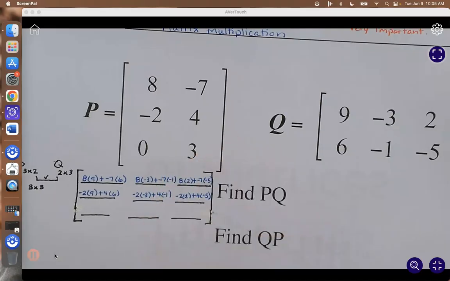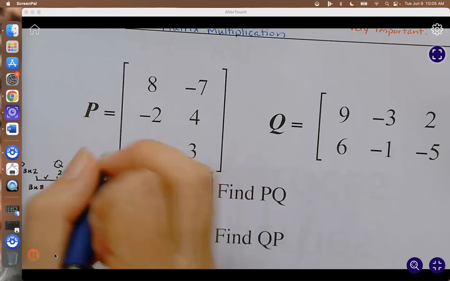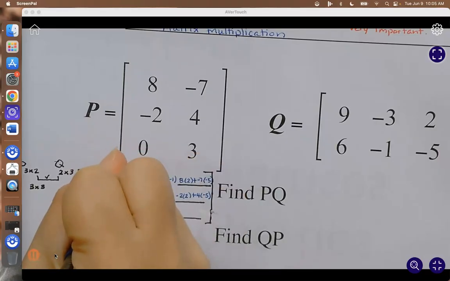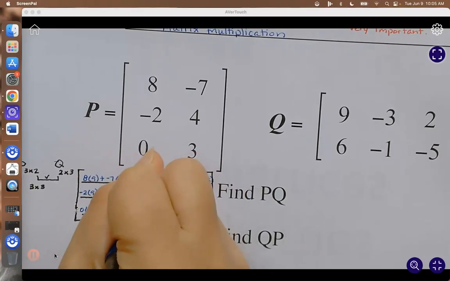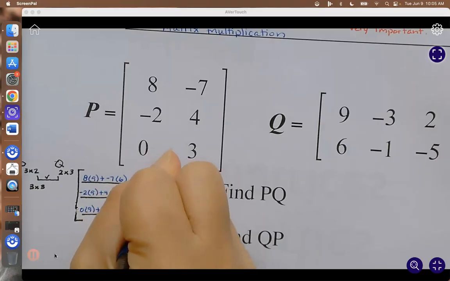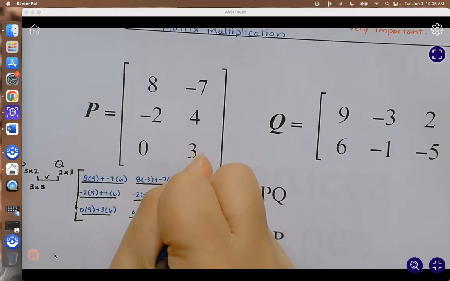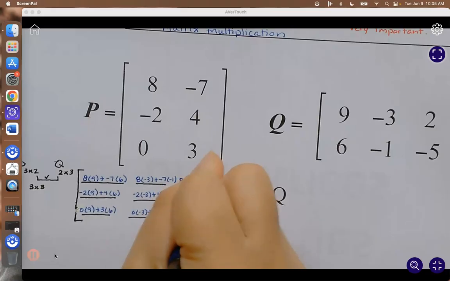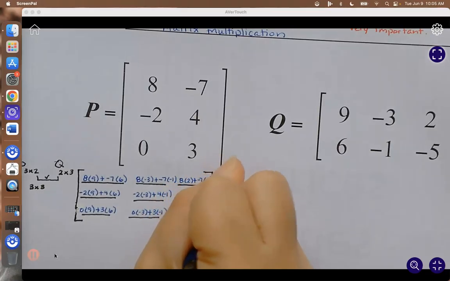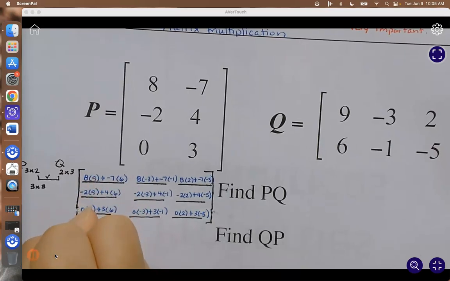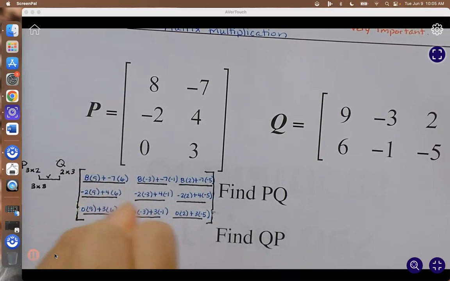Then we go to the last row. 0 times 9 plus 3 times 6. 0 times negative 3 plus 3 times negative 1. 0 times 2 plus 3 times negative 5. Okay, so we set that up. Now we go to the next piece. Sorry about that, that one line's a little wonky.